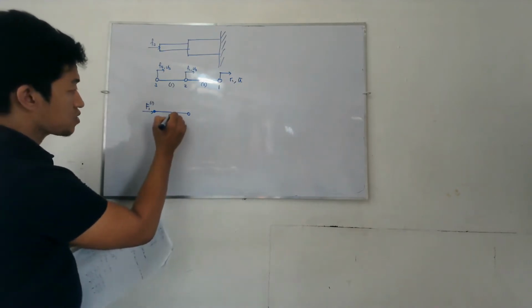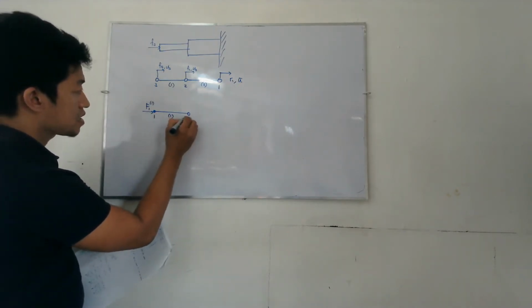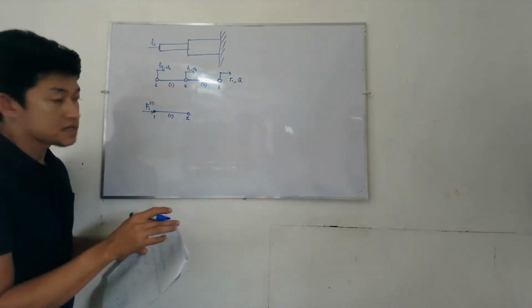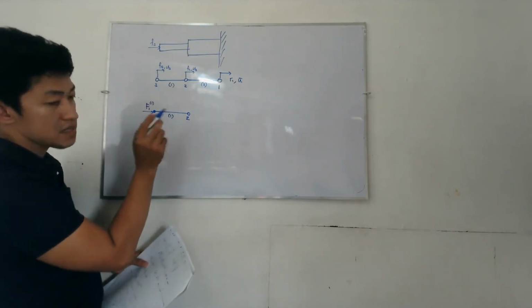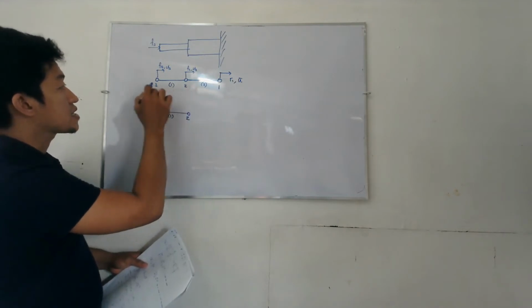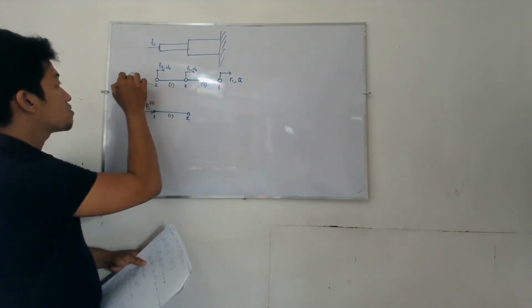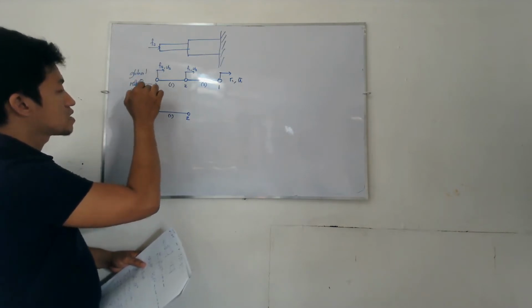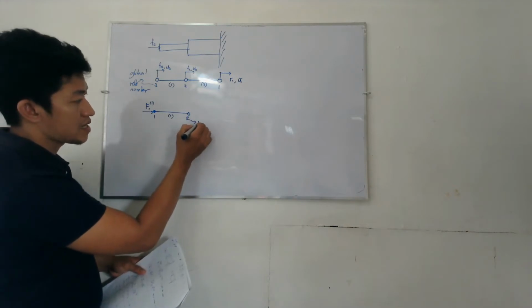So this is element 1. So this is the local node number. And these are the global node numbers. These are the local.